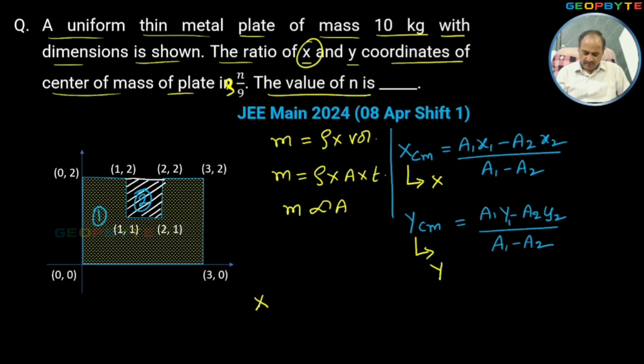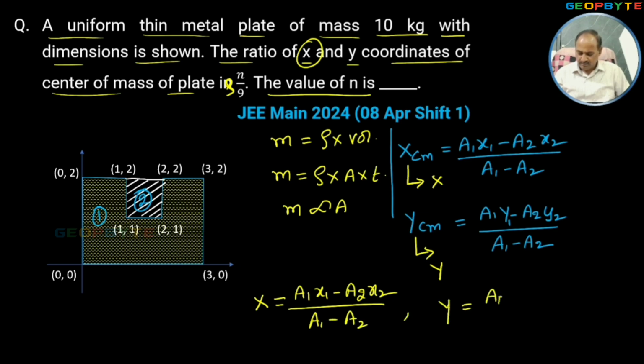So anyhow, I can write x equal to (a1 x1 minus a2 x2) divided by (a1 minus a2). Similarly, y equal to (a1 y1 minus a2 y2) divided by (a1 minus a2).